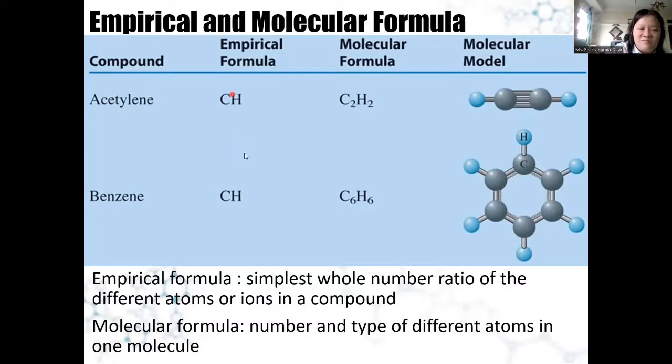Its empirical formula is CH, because it consists of 2 C and 2 hydrogen, while benzene consists of 6 carbon and 6 hydrogen. This is the model, this is the formula. So benzene also has the same empirical formula as acetylene.